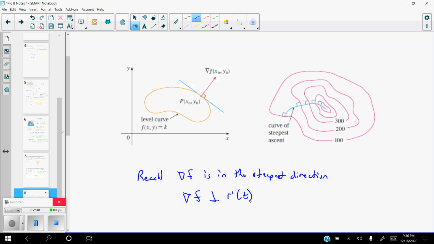So if you look at the level curve, which is on the left-hand side, basically that's like looking straight down at something that has basically the same level all the way around.